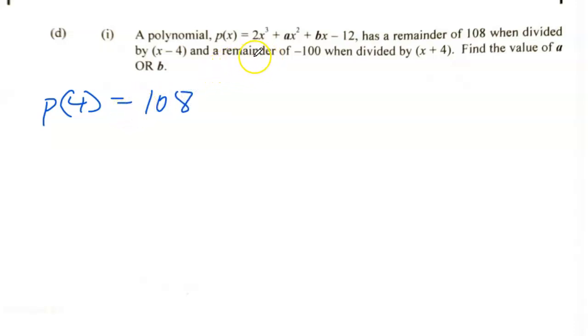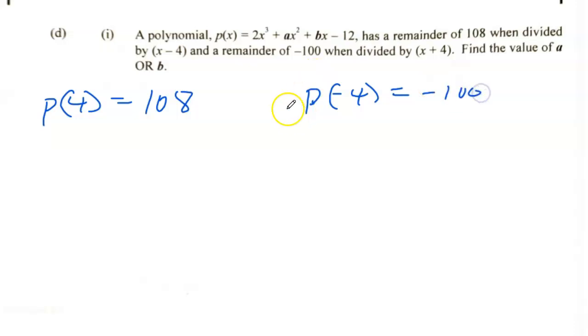Also, we get a remainder of negative 100 when we divide by x plus 4, which means that p of negative 4 should give us negative 100.